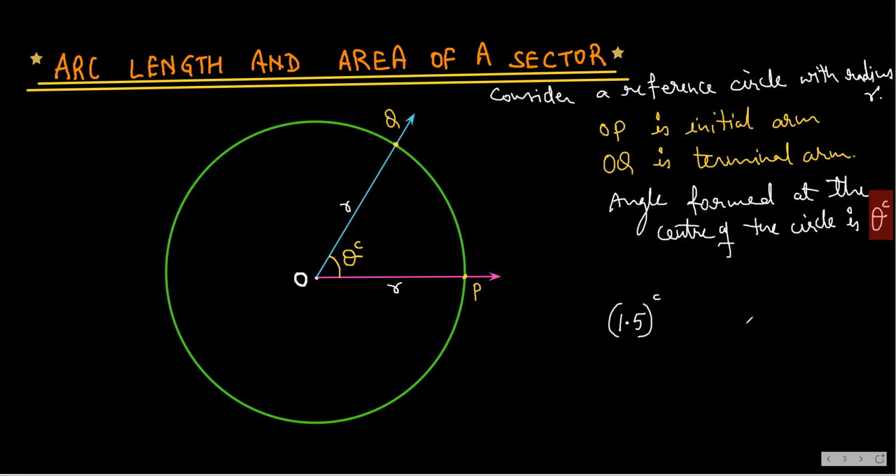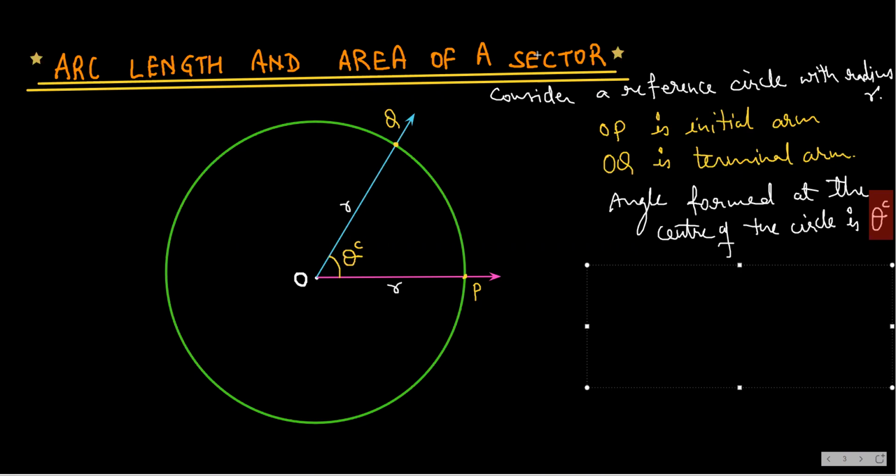Like suppose you measure some angle and you write 73 degrees. In that, 73 is the magnitude and 1 degree is the unit. So 73 degrees is actually 73 times 1 degree. Likewise, 1.5 radian. Just as you can measure an angle in degrees, you can measure an angle in radian.